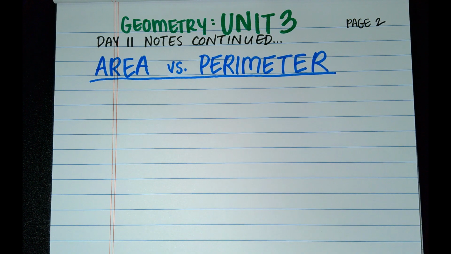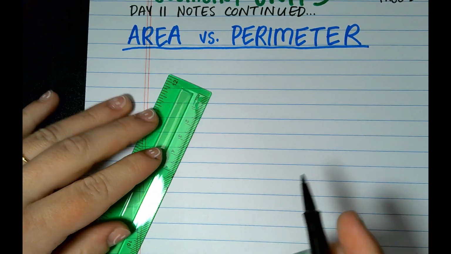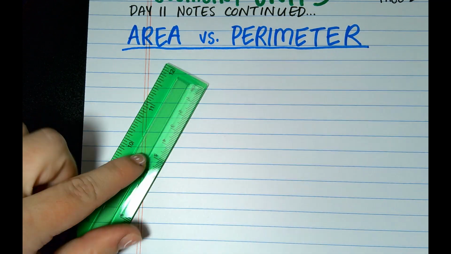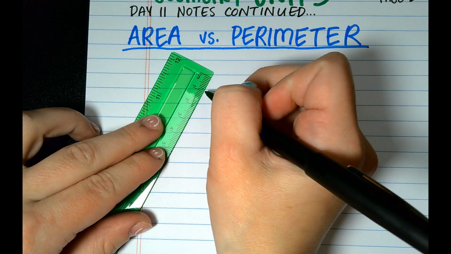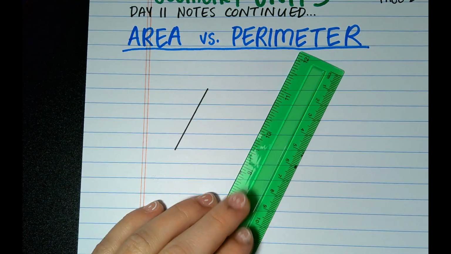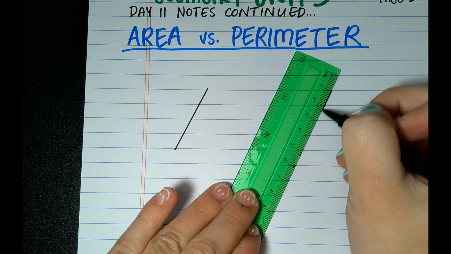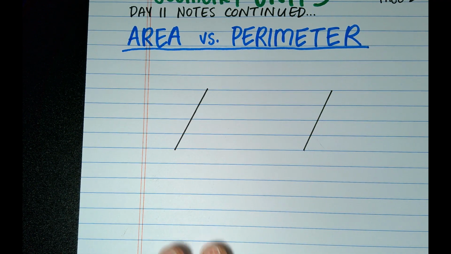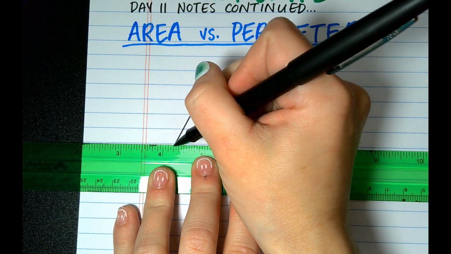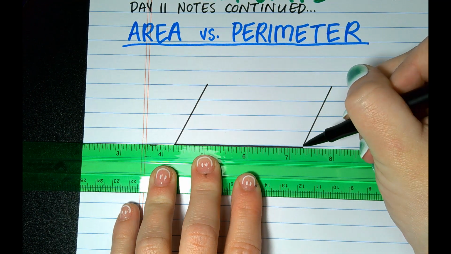Let's see. I am going to actually use my ruler. And I'm going to do sort of a parallelogram for this example. So I'm going to draw that, just like this.